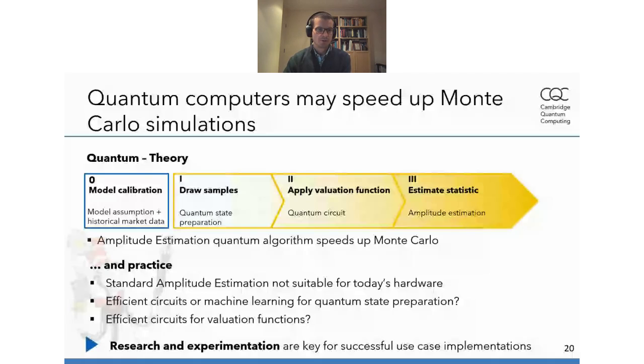So you often have to think very hard about how to improve this step, how to apply a given valuation function efficiently. And then, as I mentioned, this last bit can be done by improving the amplitude estimation algorithm. So to summarize, yes, Monte Carlo simulation might be suitable for NISQ, but you have to really dig into your particular use case. Research and experimentation is really key to do this successfully and to go towards a quantum advantage in the near term.